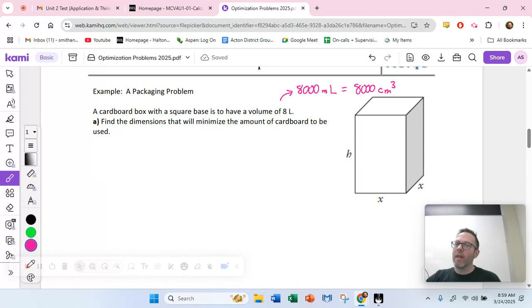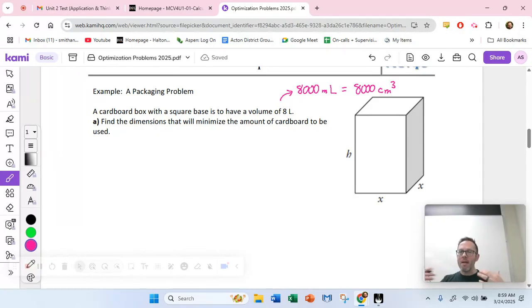So all you people that like doctor shows, when you see them say give 100 cc's of this, that just means cubic centimeters. It just means milliliters. So this question is saying our cardboard box needs to hold 8,000 centimeters cubed for its volume.